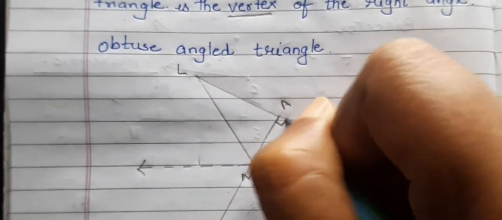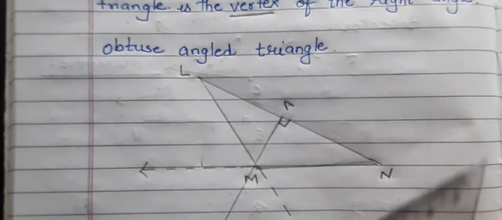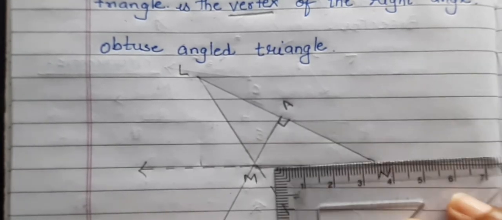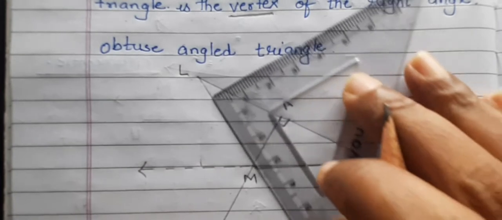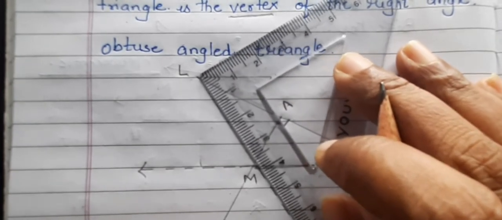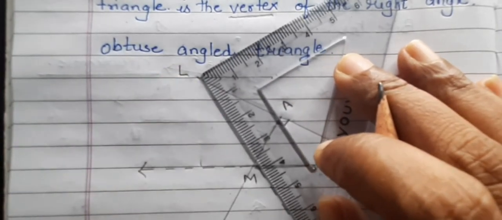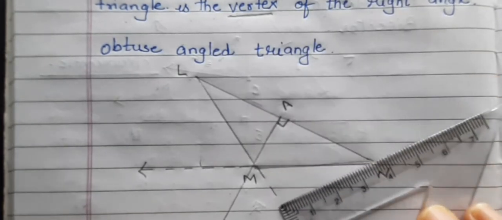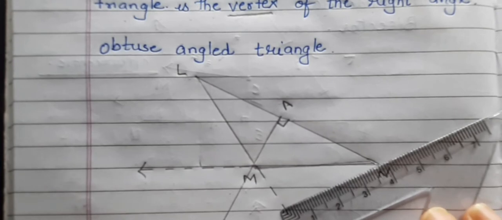Here it is making 90 degrees. I'll place it on this line, straight, and then pull it down so that I get the vertex.